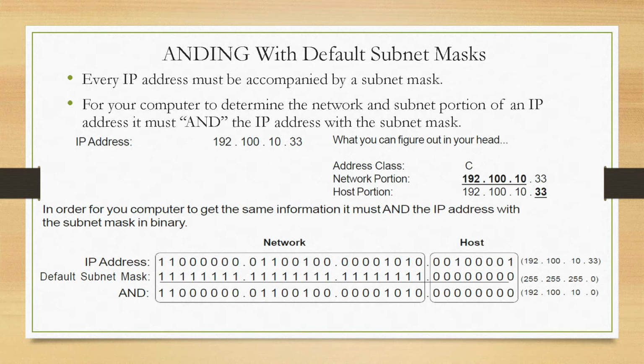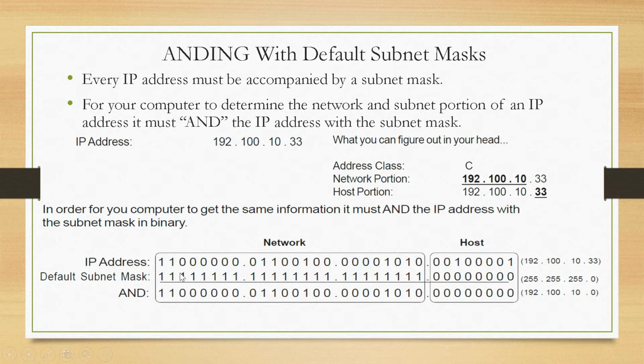But our computer will not be thinking like that. So in order for your computer to get the same information, it must AND the IP address with the subnet mask in binary numbers. Here we have the IP address 192.100.10.33 converted into binary numbers, and the default subnet mask 255.255.255.0.